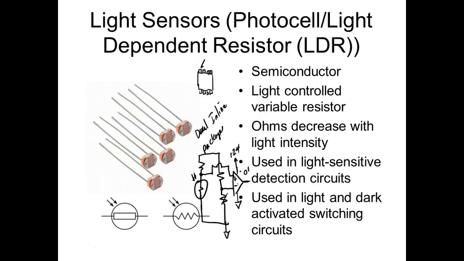And some of them will make this guy right here variable. If this guy is variable, then what can we do? We can change where it switches. So what we're doing is changing our reference voltage that's applied right there. I didn't put that up there. VREF.